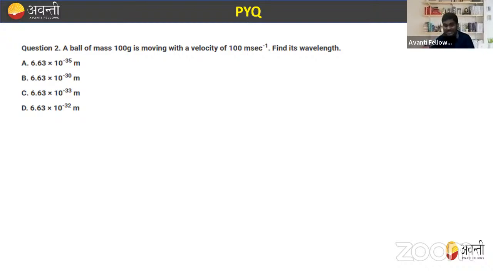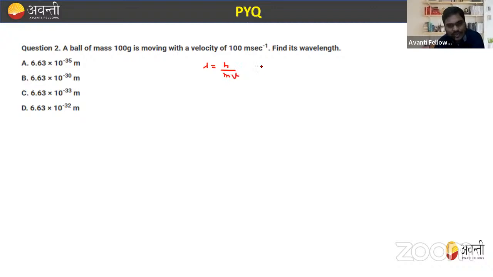Which law tells us that the particle also shows wave-like behavior? That is de Broglie. So the de Broglie wavelength. We know the formula: lambda is equal to h upon mv.